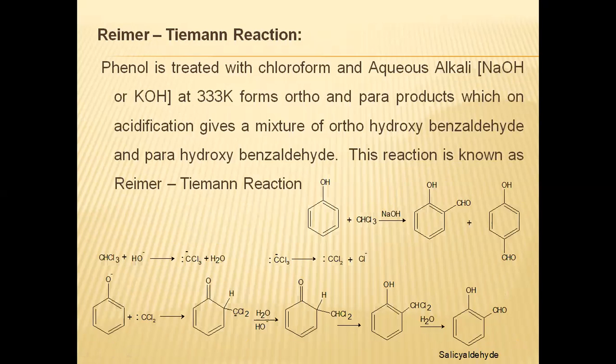Another important named reaction is the Reimer-Tiemann reaction. In the Reimer-Tiemann reaction, phenol is treated with chloroform in the presence of alkali, that is sodium hydroxide or potassium hydroxide, to form ortho-hydroxybenzaldehyde or para-hydroxybenzaldehyde.